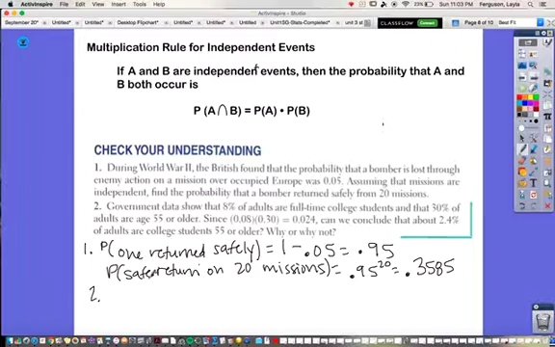So if you think about that, we would not be able to conclude that that was true, because whether one is a college student and one's age are not independent events. Far more younger people than older people are college students. So we can't just assume, based on these statistics, that 2.4% of adults are college students 55 or older.